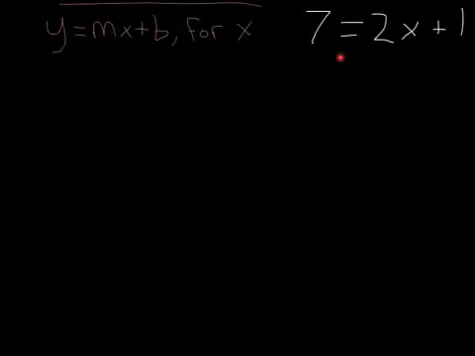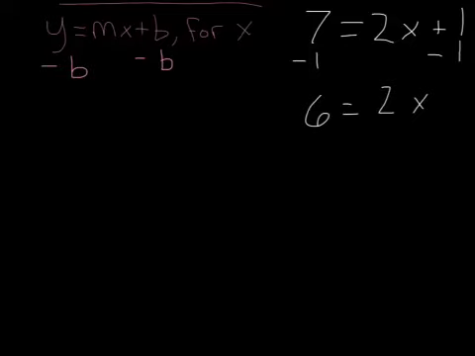So looking at this right equation here, if I wanted to get x by itself, first thing I'm going to have to do is subtract 1. So I'd come over here and I'd subtract 1 from both sides. That would give me 6 equals 2x. Likewise, just because I have a b instead of a 1 here, I'm going to be using my same technique. So here, I'm going to subtract b from both sides.